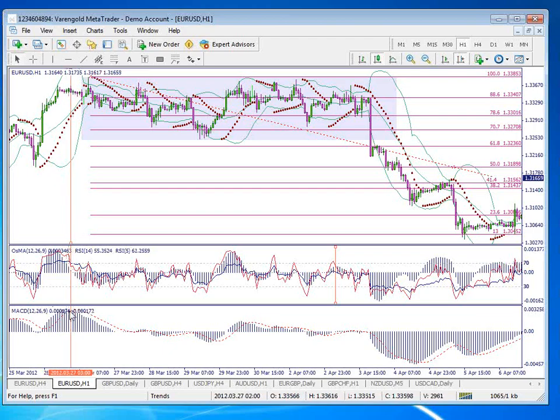We can consider that it was a strong signal. So here, if we put one trade, we can see that it was one consolidation, one retracement, and after that the pair moved in the down direction.